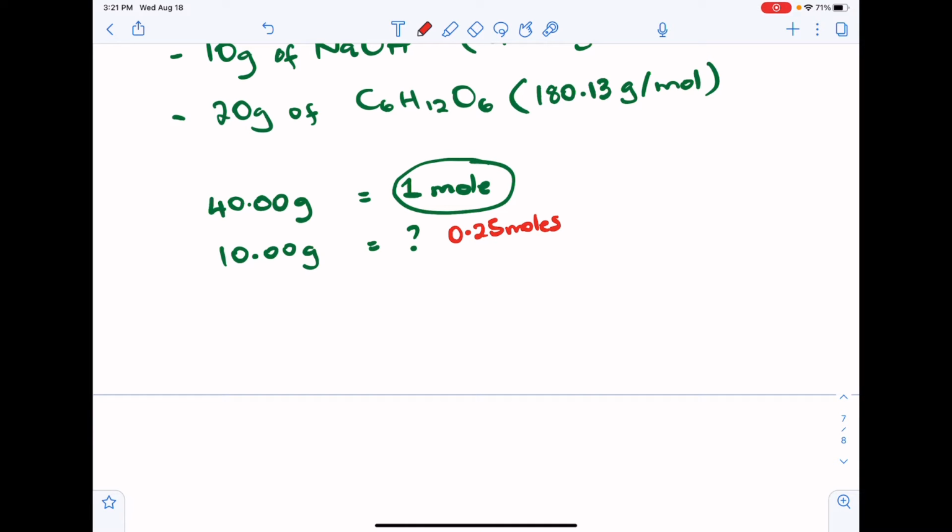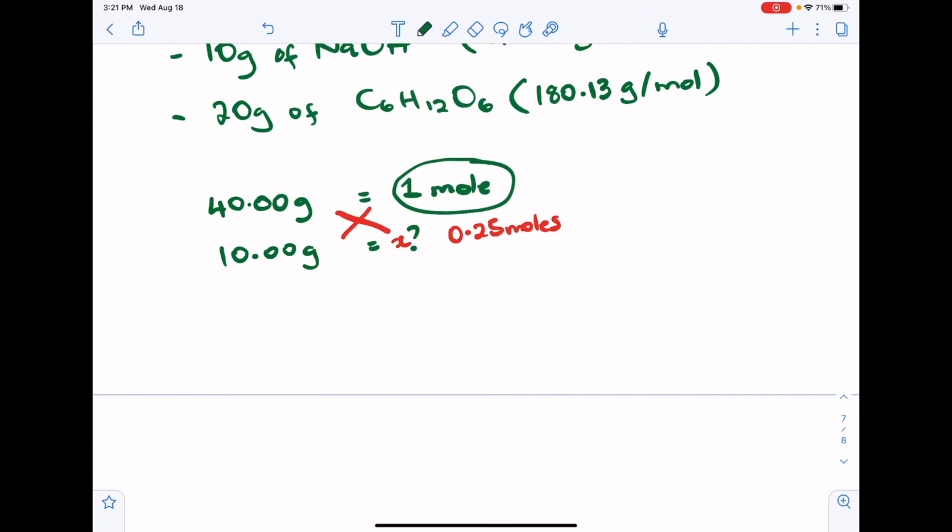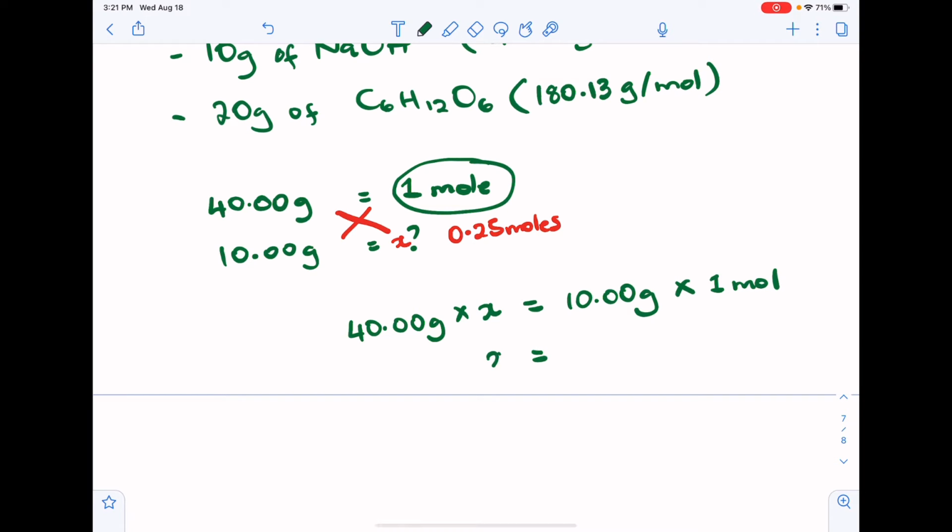The way I was taught was by doing cross multiplication, where we put x here. So we have a situation where 40 grams times x equal 10 grams multiplied by 1 mole. So x will be 10.00 gram times 1 mole divided by 40.00 gram.